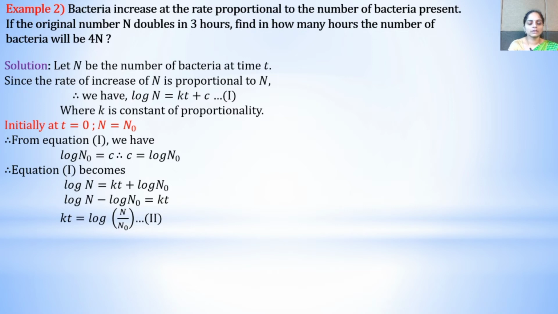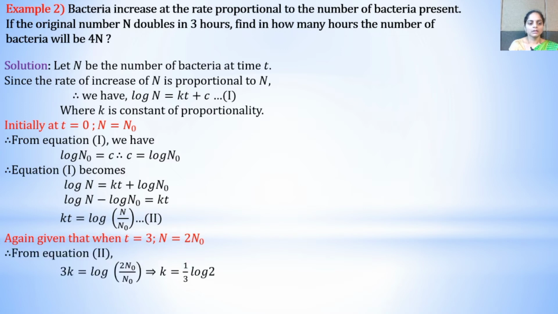It is given that the original number of bacteria doubles in 3 hours. So we get t is equal to 3 and n is equal to 2 into N0. We put the values of t and n in equation 2. So equation 2 becomes 3k is equal to log of 2 into N0 divided by N0.